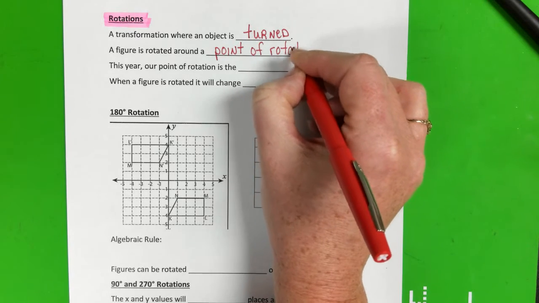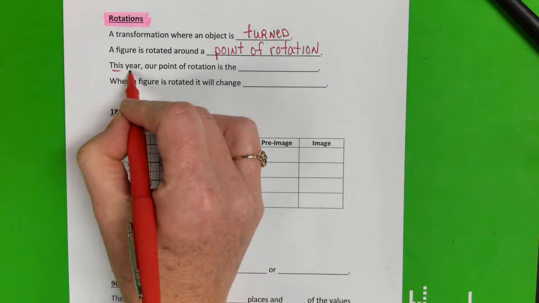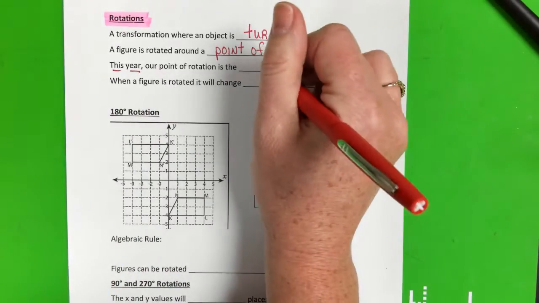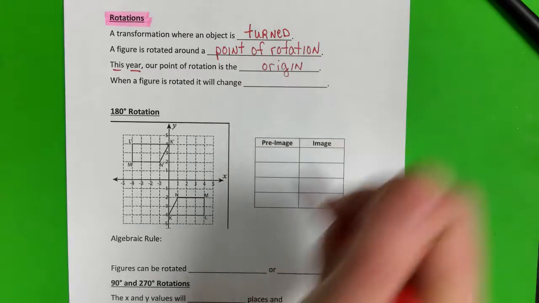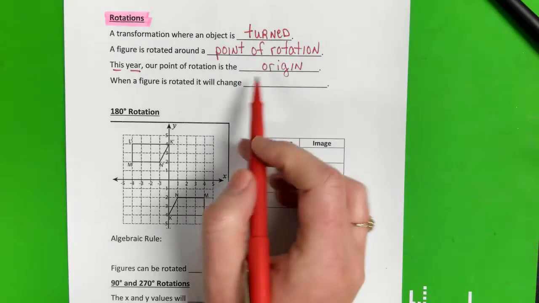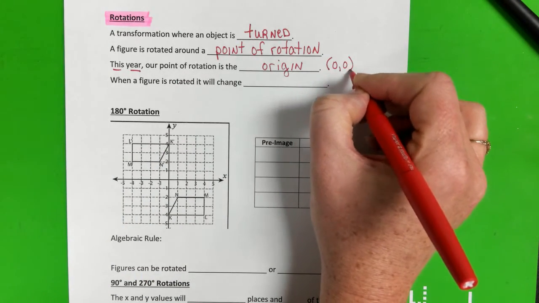As you progress through math, that center of rotation will get a little bit more difficult, but this year, our point of rotation is always going to be the origin on the graph. And remember, the origin is at 0, 0.